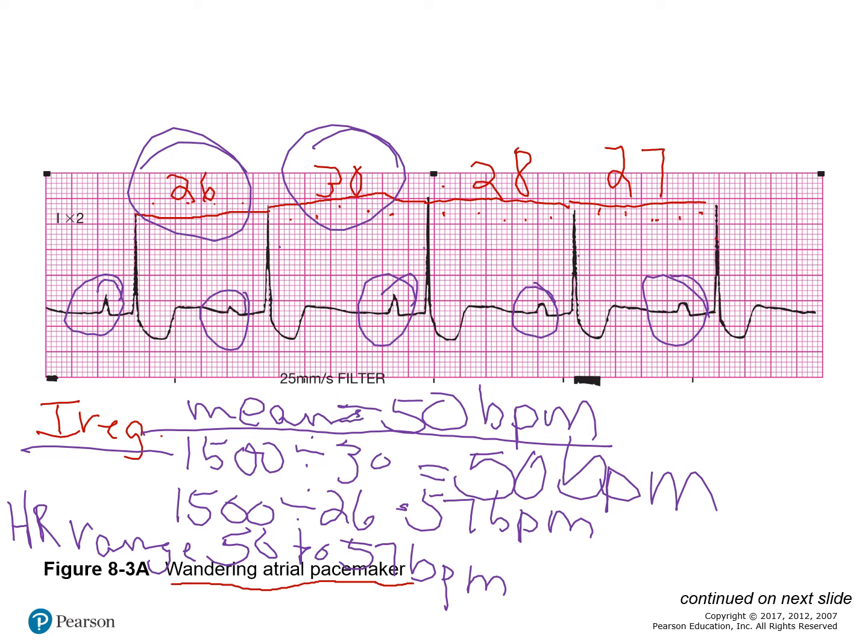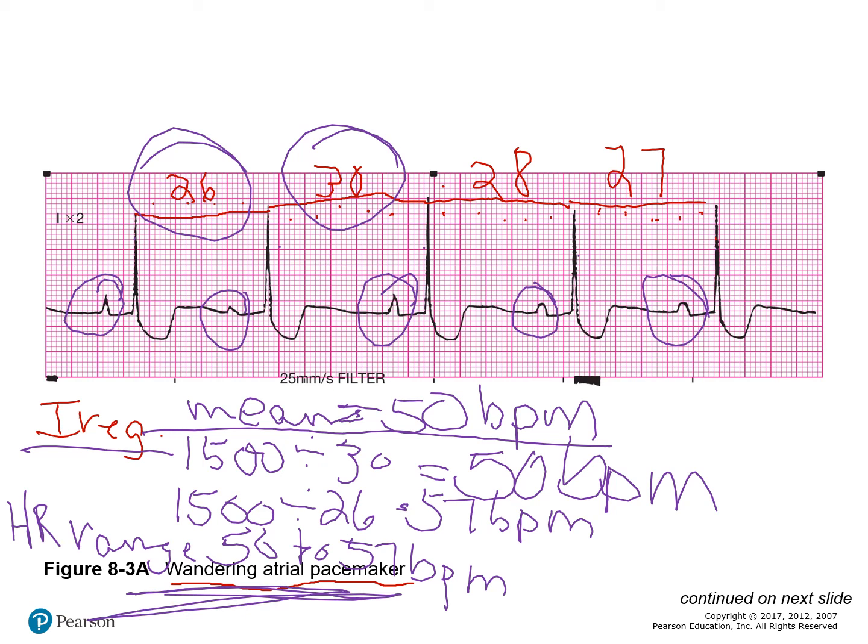So what did we say as far as classifications for a WAP? Your mean rate has to be between 50 and 60 beats per minute. Well, there we go, 50 beats per minute. So therefore we have a WAP.